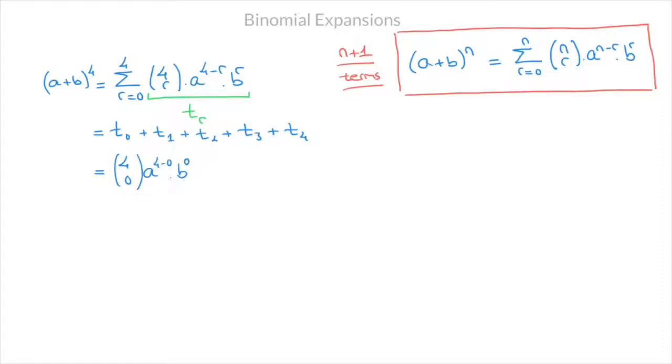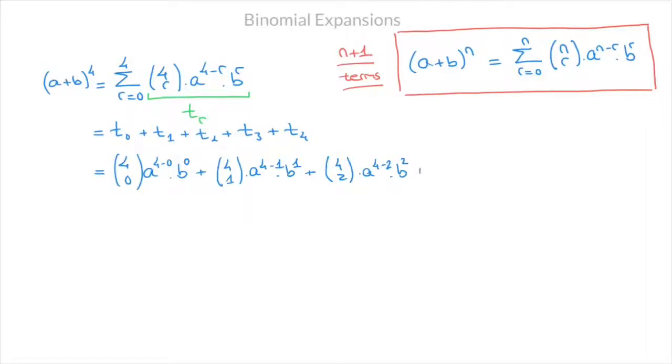Notice that all I've done here is copy the general term and replace every r that I see by 0. And I do the same for T1. Here I'll have plus 4C1 times a to the power of 4 minus 1 times b to the power of 1. And I do the same for T2. So plus 4C2 times a to the power of 4 minus 2 times b to the power of 2.